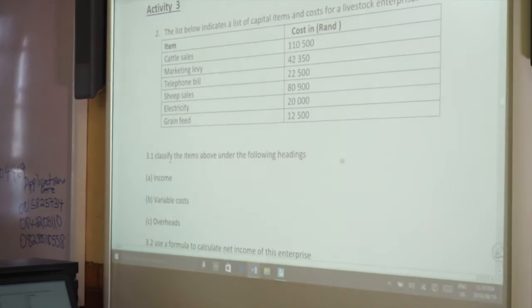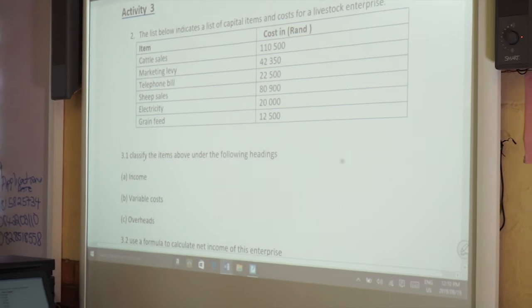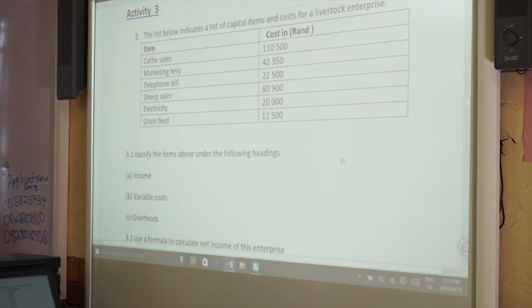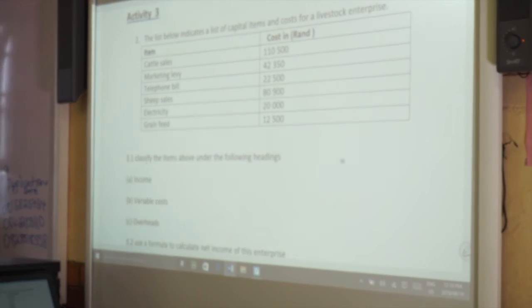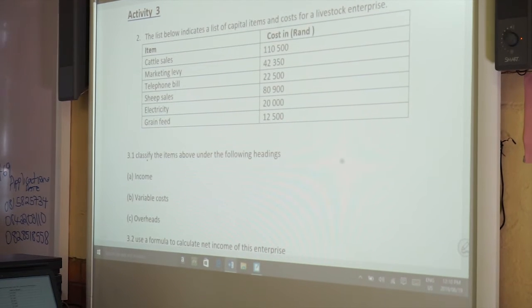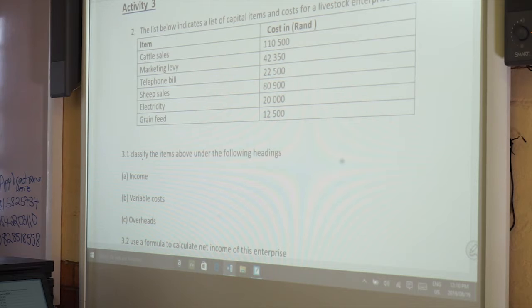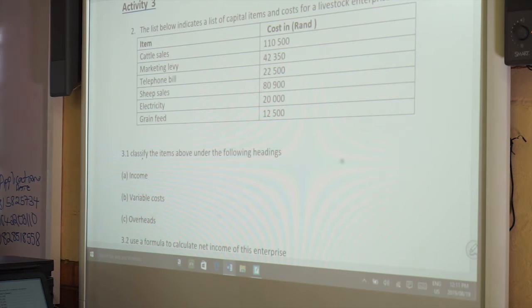Okay, then we've got activity number 3. I think this is the last activity on capital. So we've got items that are listed there. We've got cattle sales, marketing levy, telephone bill, sheep sales, electricity, and grain feed. What is expected from a learner is to classify the following items under the following headings.